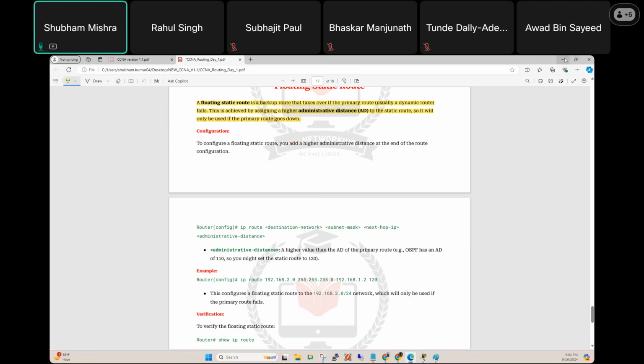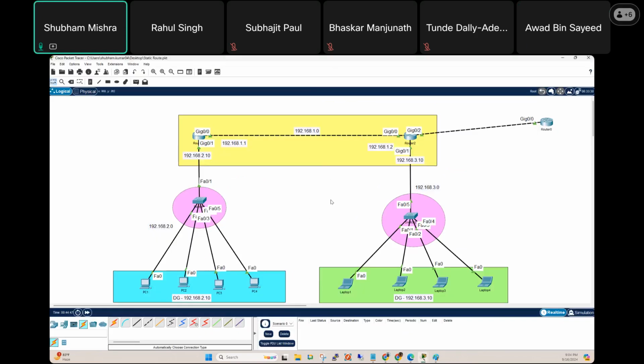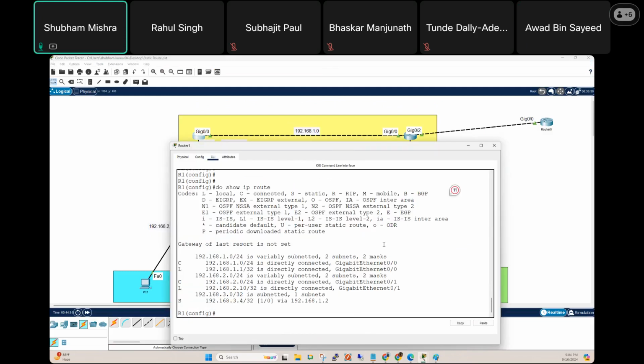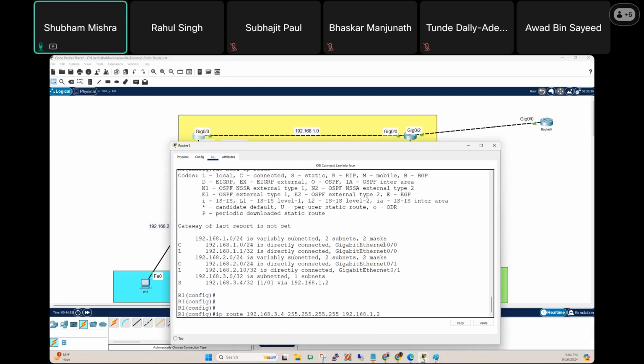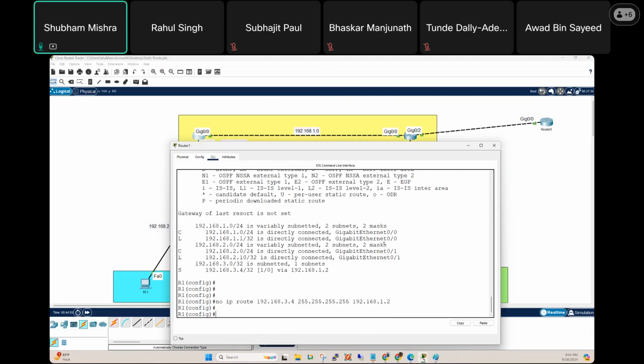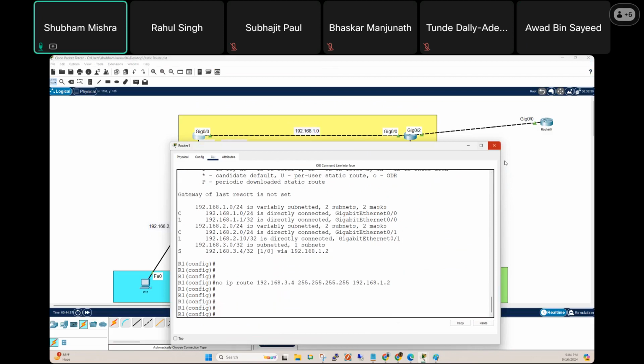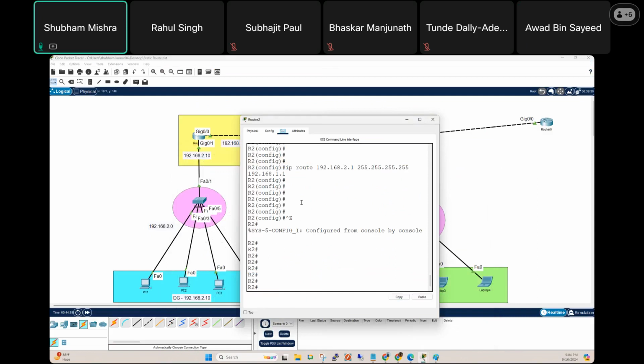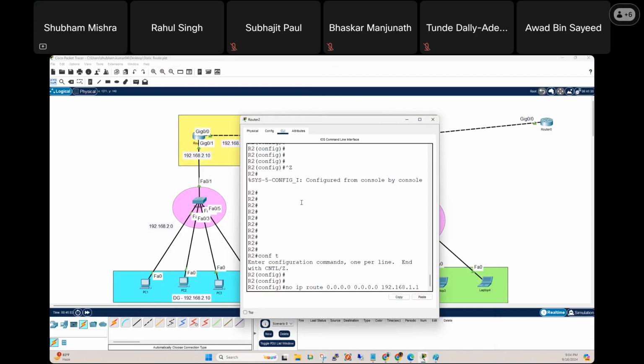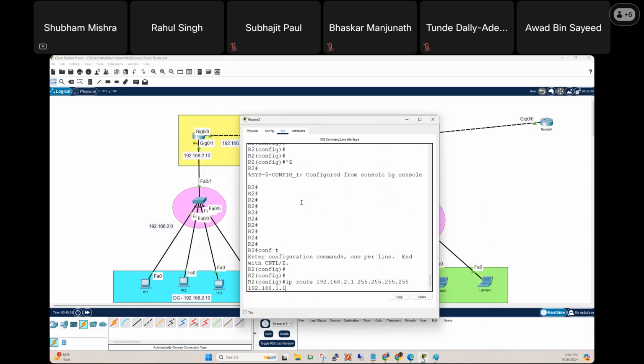Try to understand. For example, if we have this type of topology, let me clear the static route first here. I configured this one right now.